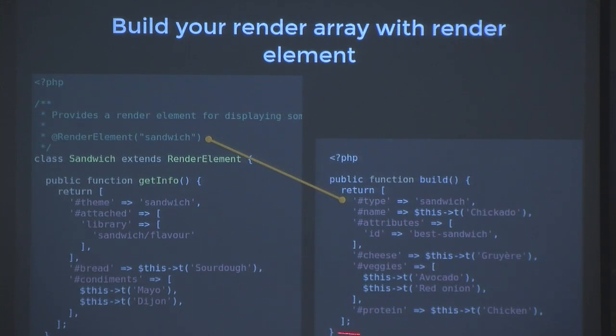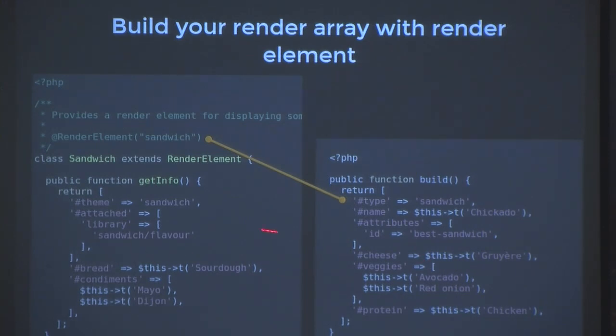And here is my little bit smaller render array than in the first example, where everything was generated in the controller. And right here you can see that the library is coming from the render element. And what happens is every time someone outputs this type sandwich, that library will be attached to this render array.